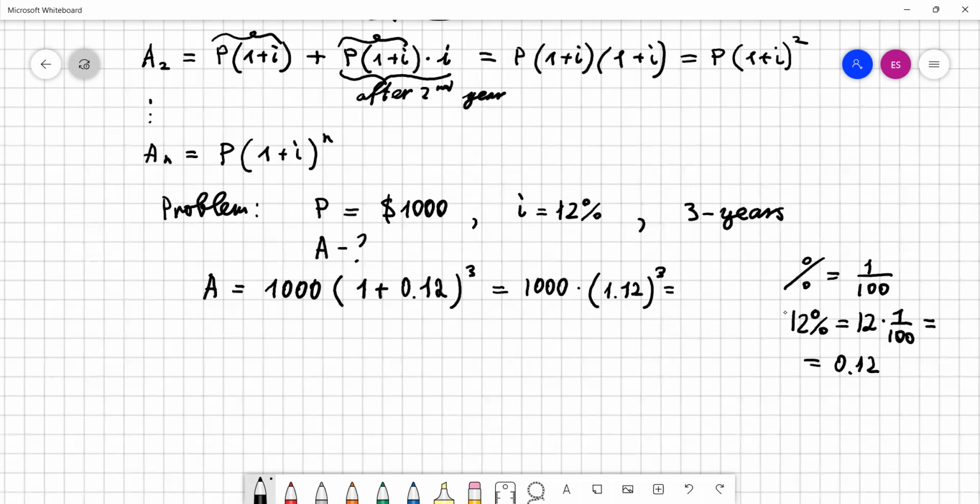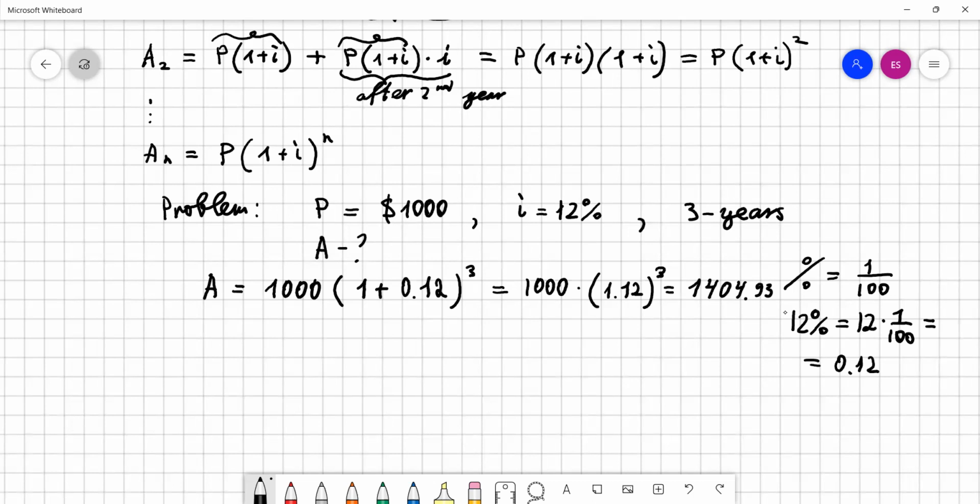Okay, 1.12 to the power of 3. So I calculated that the final amount is going to be 1,404 and 93 cents. That's going to be the final amount on account.